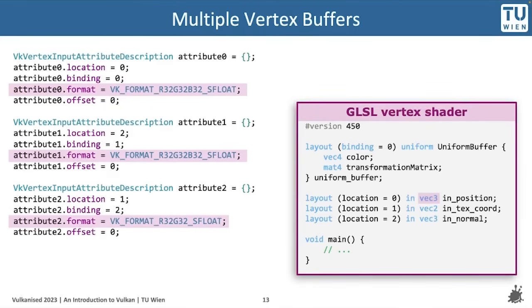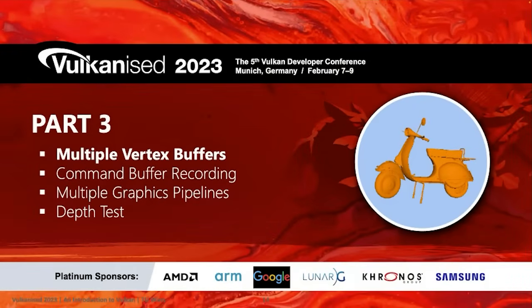We use 3 floats for the position, 2 floats for the texture coordinates, and 3 floats for the normal. So that's most of it for the vertex buffer parts.